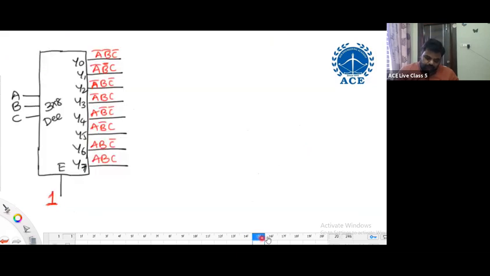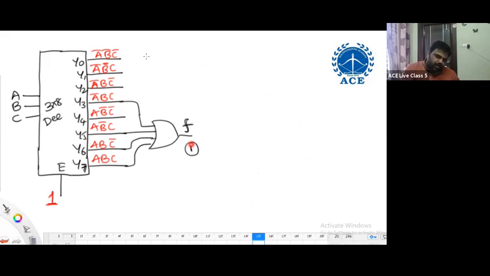So let us see how it can be implemented. So by using OR gate, check it correctly. By using OR gate, 3, 5, 6, 7, F, equation number 1, we are implementing. The same equation number 3 can be implemented using NOR gate with 0, 1, 2, 4.